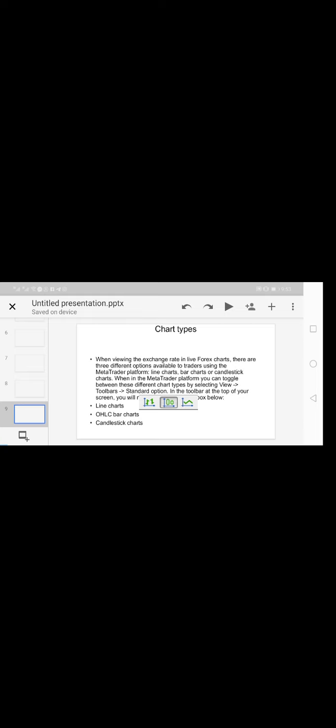Okay, when viewing the exchange rate in a live forex chart, there are 3 different options available to trade using the MetaTrader platform. Okay, you will be using the MetaTrader platform to trade the line chart, bar chart, and candlestick. Between these different chart types, by selecting view, toolbar, standard option in the toolbar, you will now be able to see the box below.